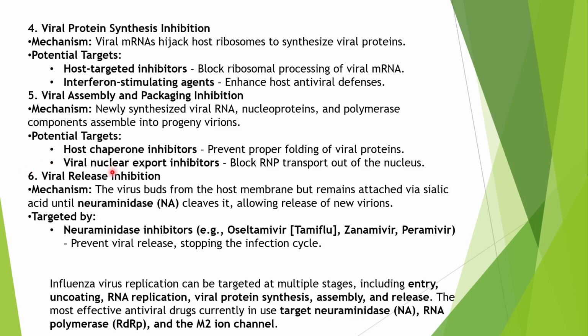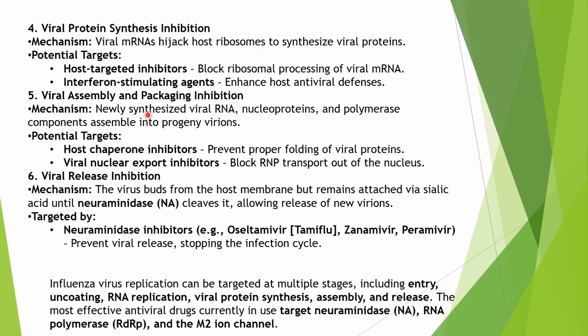Then next step was the viral release inhibition. That is, once all the viruses are now formed, we can prevent them from releasing and infecting newer cells. So for that, the inhibitors used are against the neuraminidase enzyme, which helps cleave the sialic acid bond between the virus and the cell.